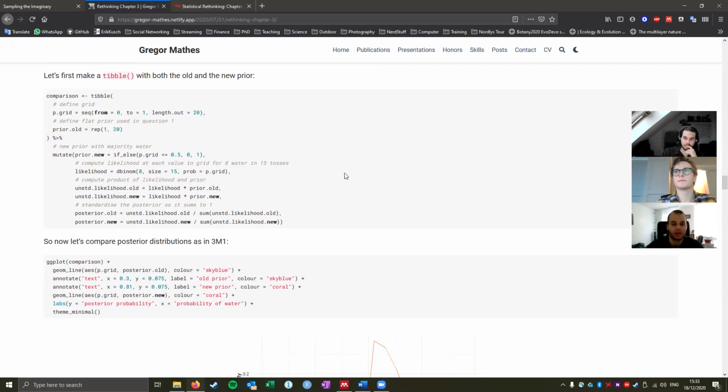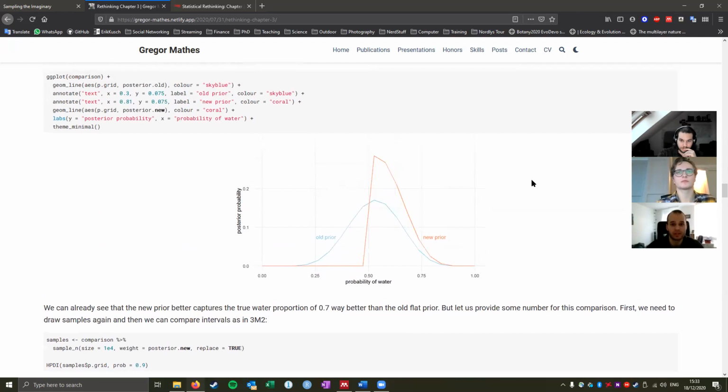If you just scroll down, you can see that with the new prior, the values below 0.5, so the probability that the Earth's surface has a proportion of water to land is, I'm sorry. So it's much likelier that the majority of Earth is land with the new prior.